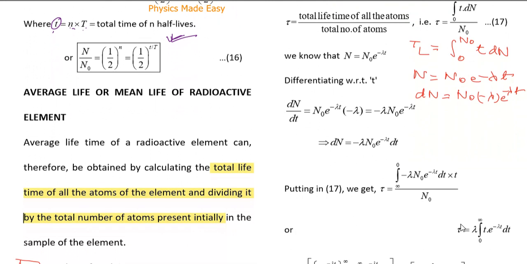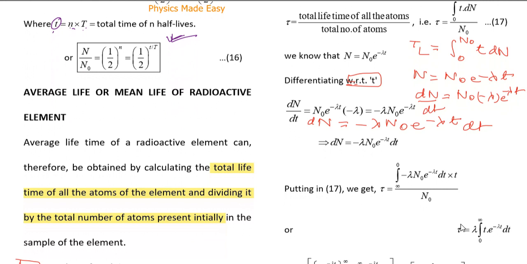This is dN by dt. Now dN will be equal to minus lambda N naught e raised to power minus lambda t into dt.